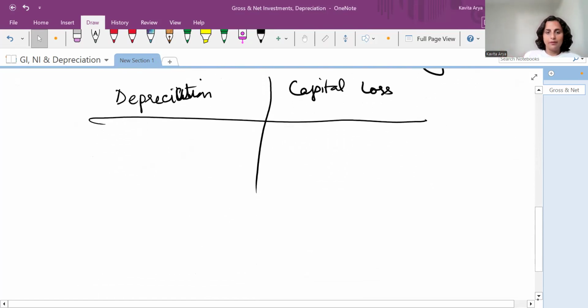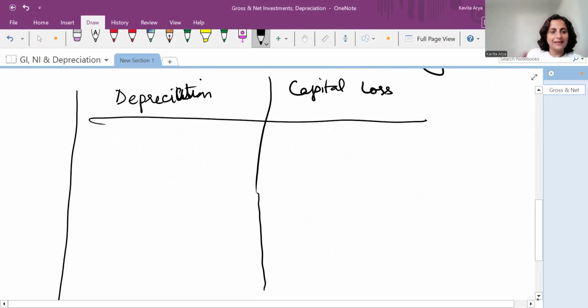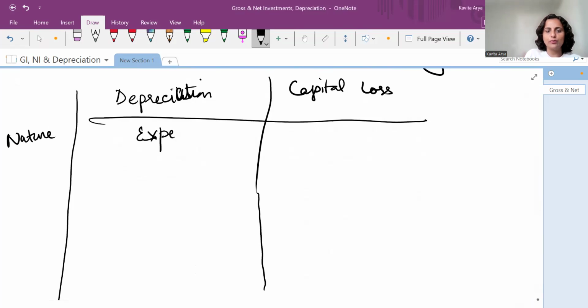Let's begin. When we talk about depreciation and capital loss, the very first thing is the nature. Depreciation is expected to happen. Sure, it's going to happen. Any asset which you have taken would definitely be depreciating over a period of time. But capital loss may or may not happen. It is unexpected in nature.